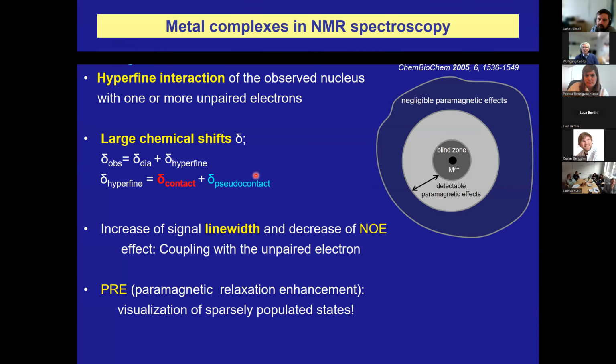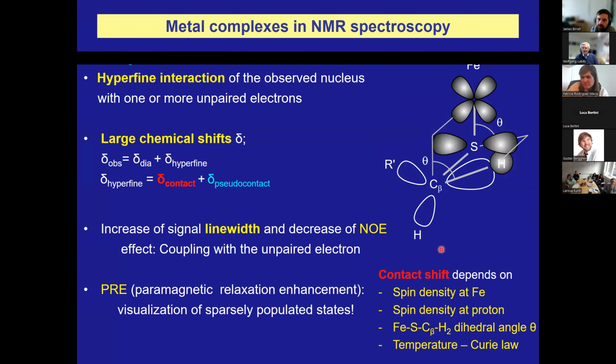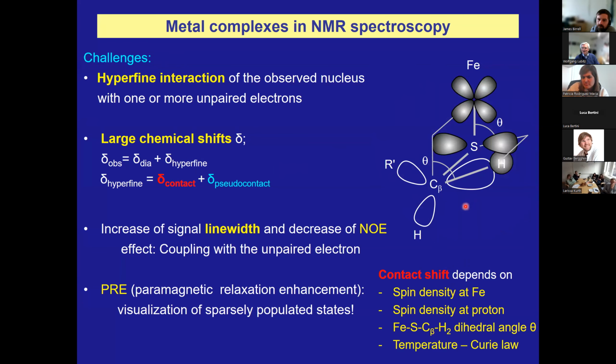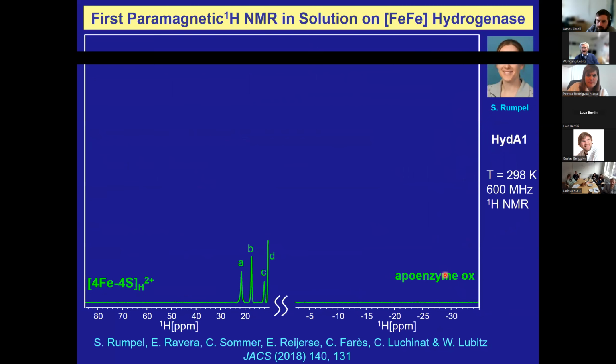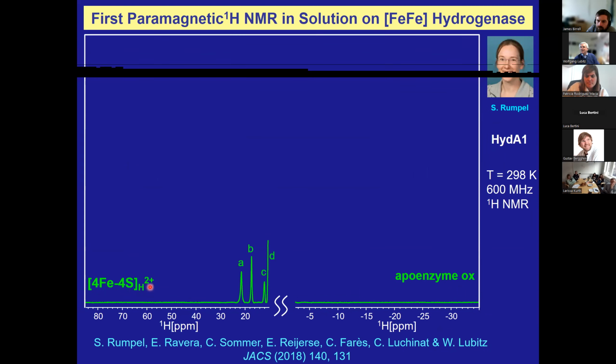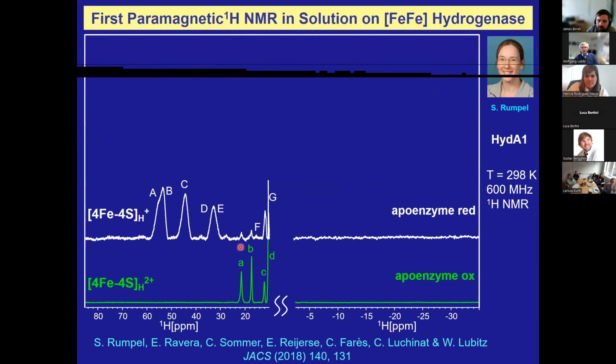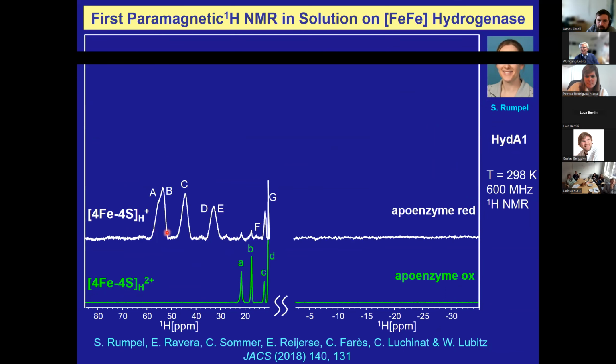In particular, the contact shift is important, and that depends on the spin density at the iron, on the spin density at the proton you want to look at, on the dihedral angle, on temperature, and so on. But anyway, we managed to see for the APO enzyme, the 4-iron-4-sulfur cluster, oxidized state, reduced state. You see how the lines broaden and shift to larger values.